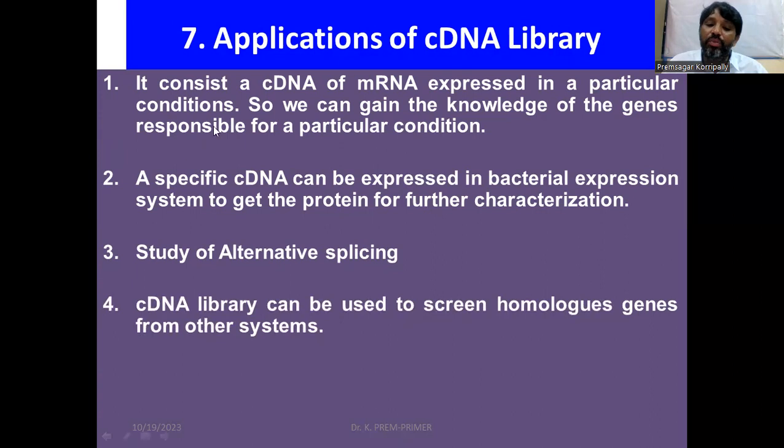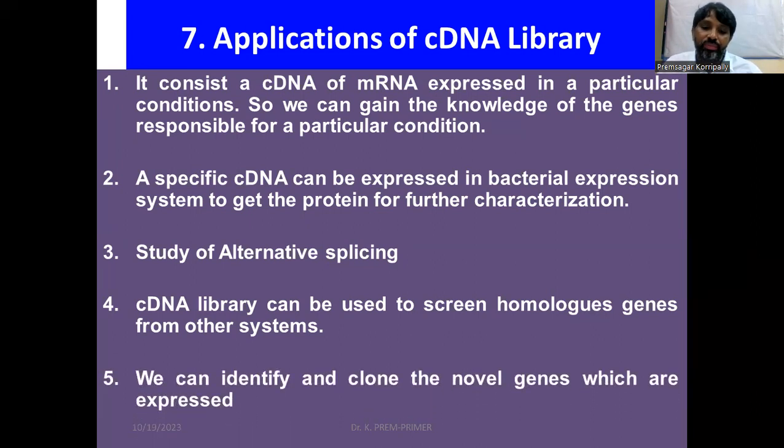A cDNA library can be used to screen homolog genes from other systems. As I told you, if you construct a human cDNA library, that cDNA library can be used to screen chimpanzee or gorilla, right? We can also identify and clone novel genes which are expressed.